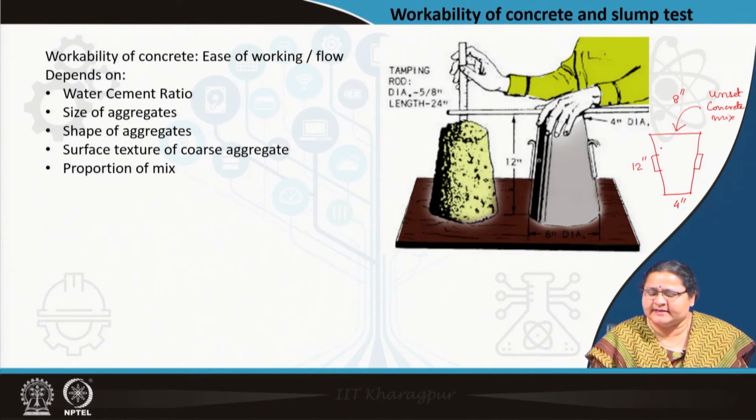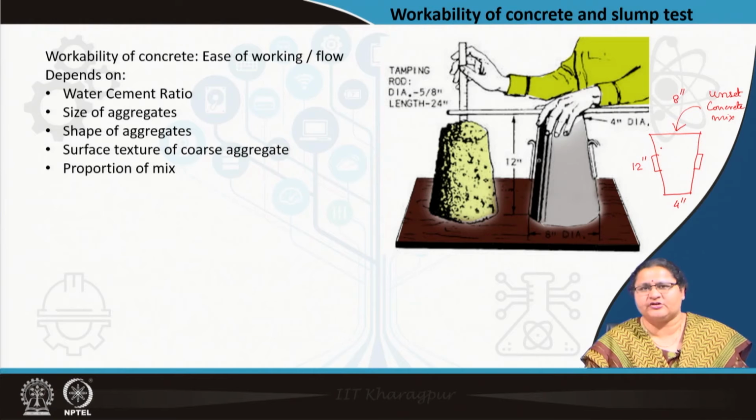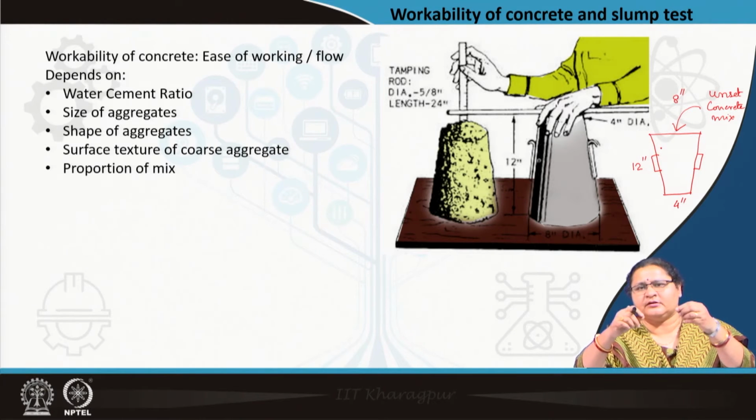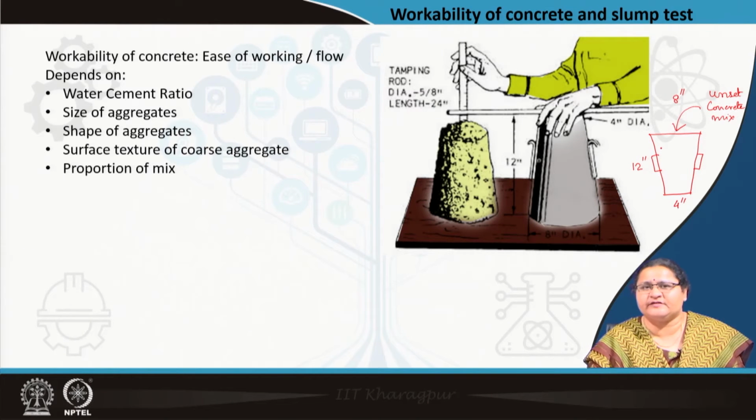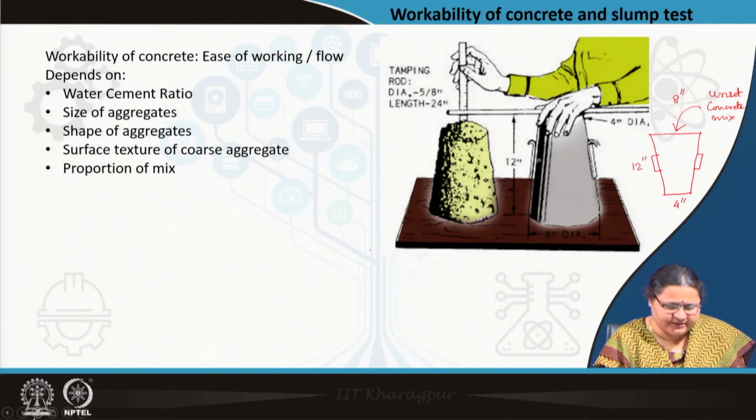So this is now lifted out. With these two supports you can actually take out the can or the container. Being of a specific height, you know what the height is, and you allow it to stand for some time. So it is unsupported concrete which is standing for some time.